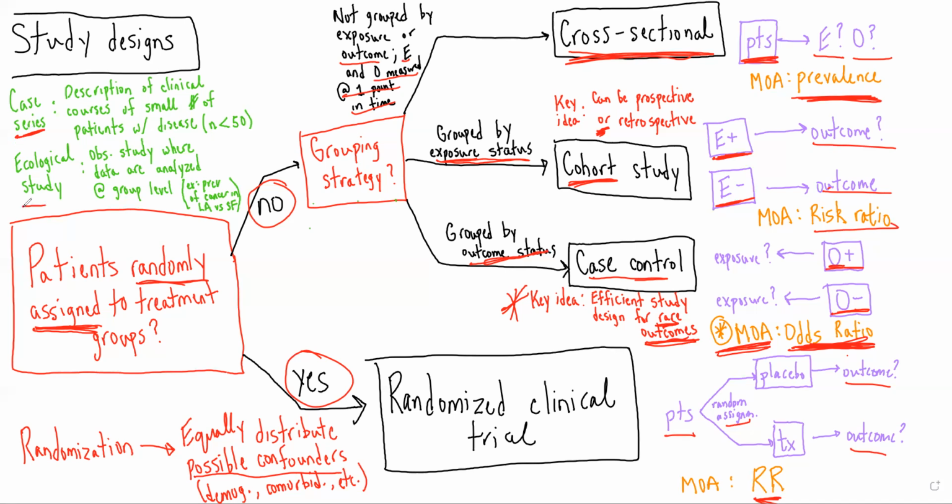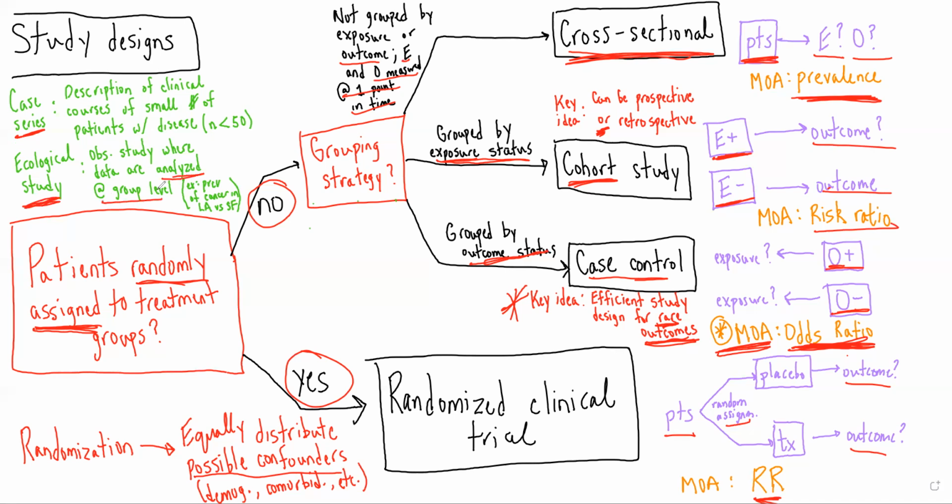And then the second is an ecological study. So this is an observational study where the data are analyzed at the group level. So this is different than all the other studies we talked about, where patients are grouped on the patient level. In an ecological study, patients are analyzed at the group level.